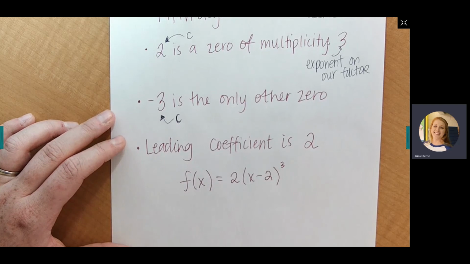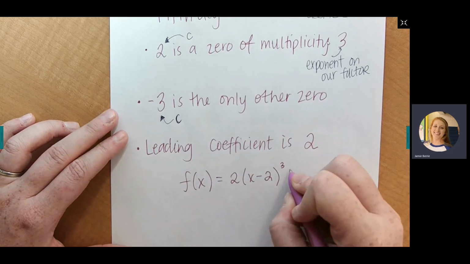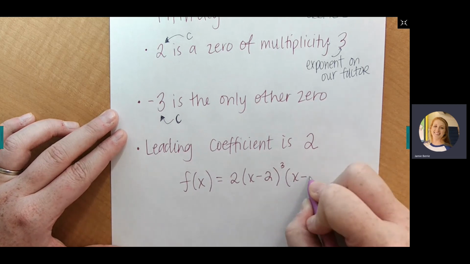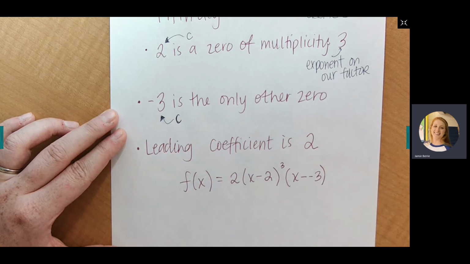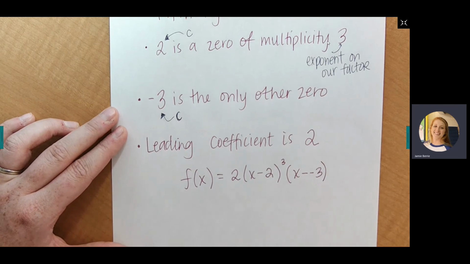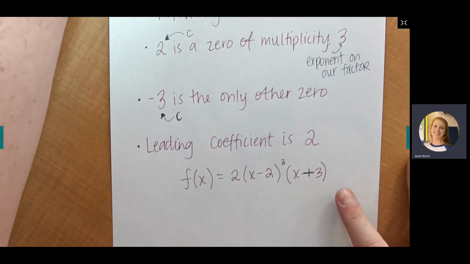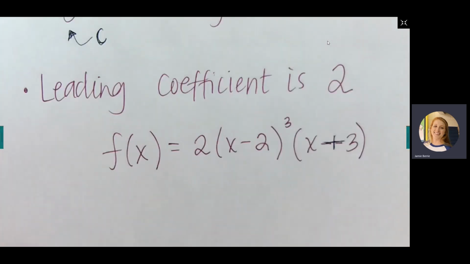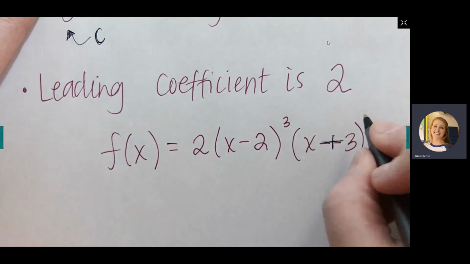And then our last 0, it says negative 3 is the only other 0. Again, it has to have the form x minus c. So c in this case is negative 3. Go ahead and change that double negative to a positive. And we have one last thing we need to do. This was supposed to be degree 5. All the multiplicities were supposed to add to 5.